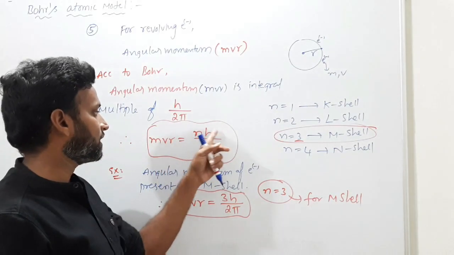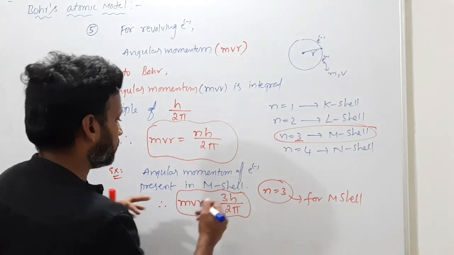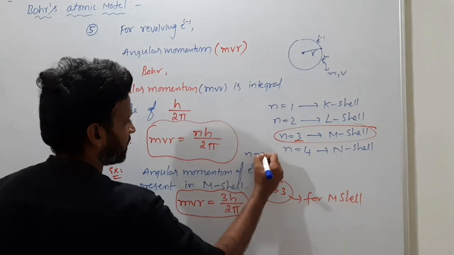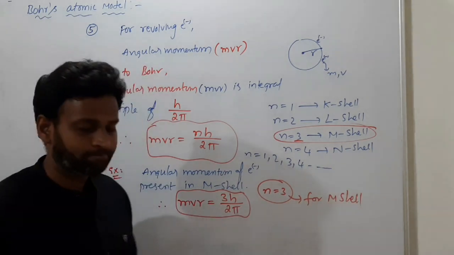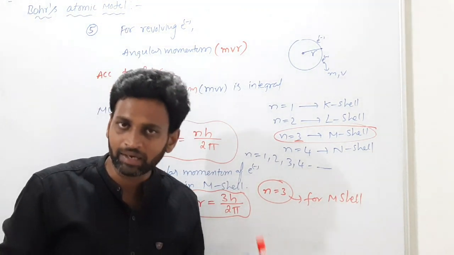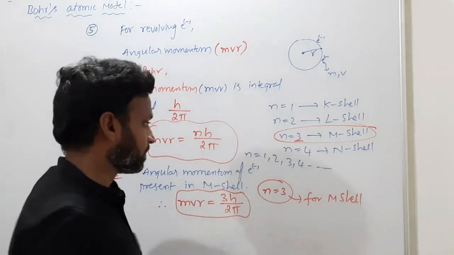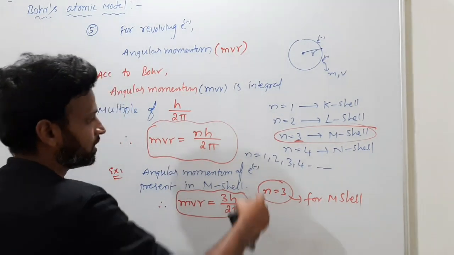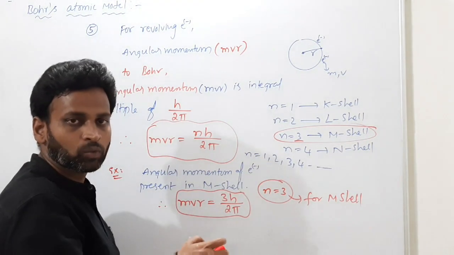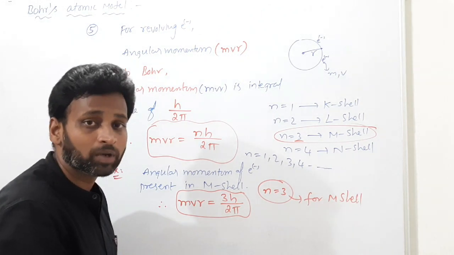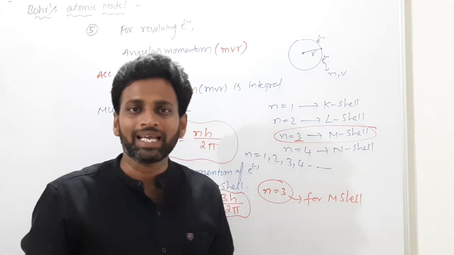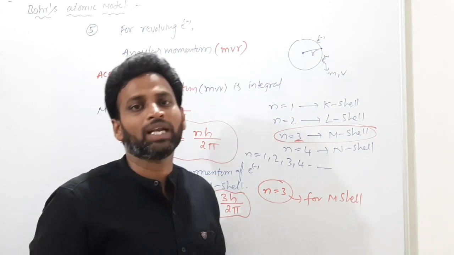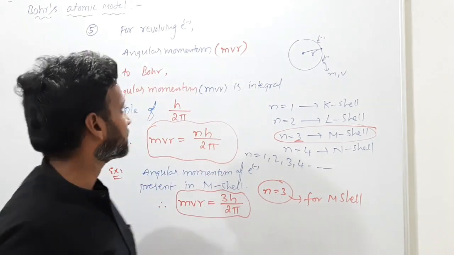Integral multiple means n h by 2 pi, where n is the shell number 1, 2, 3, 4, like that. Do you remember? I gave the n values just previously. What is n? Don't ask me. It is the small n, the principal quantum number, or else the shell number. Shell number 1 is the K shell, shell number 2 is the L shell, like that.